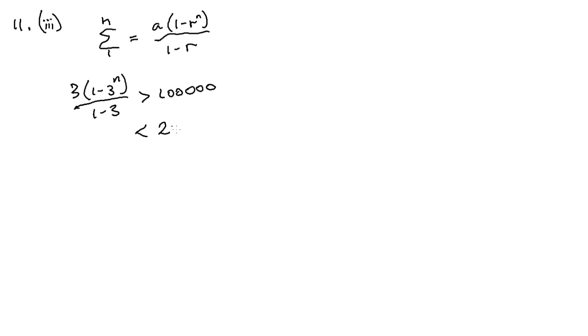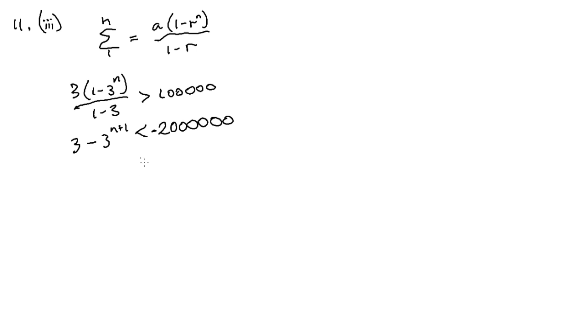So you get 2,000,000 minus 2,000,000 times 3 minus 3 to the n plus 1, because 3 times 3 to the n is 3 to the n plus 1.